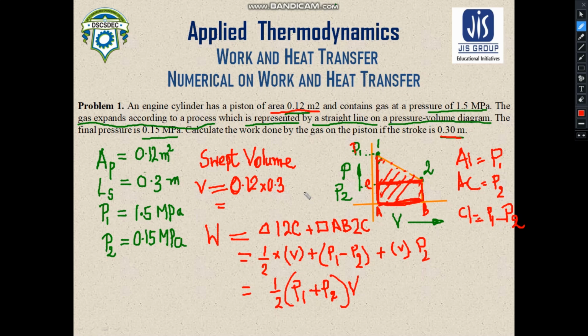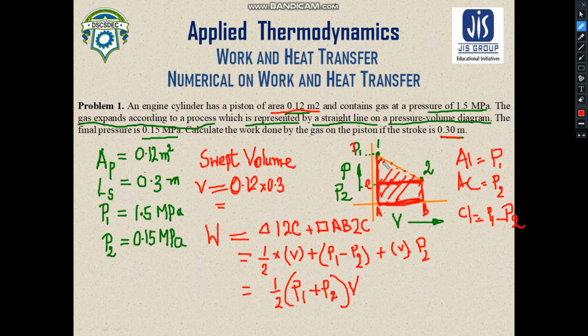The basic understanding for this problem lies on the concept of work transfer, which is nothing but the area under the PV curve. So you need a very simple concept: area under the PV curve denotes work done.